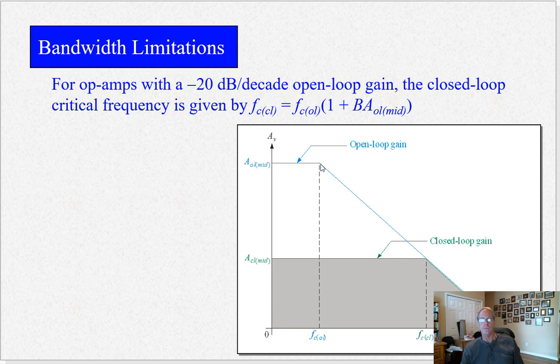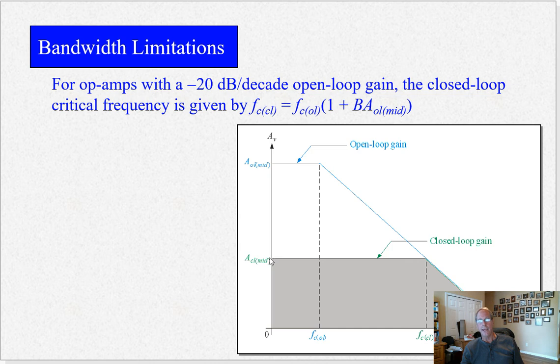Now it turns out, and here's this, the closed loop is the open loop times this expression here, okay? So the cutoff frequency that was here for the open loop has gone out to this point here.